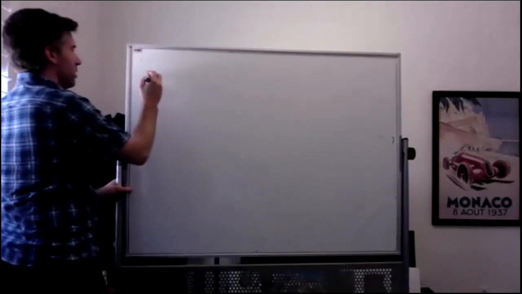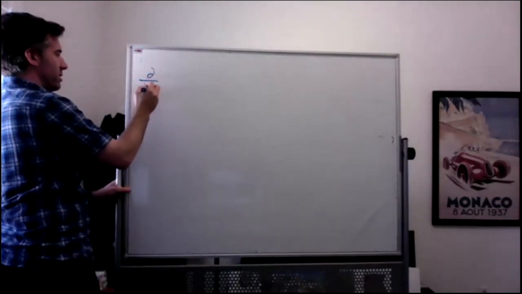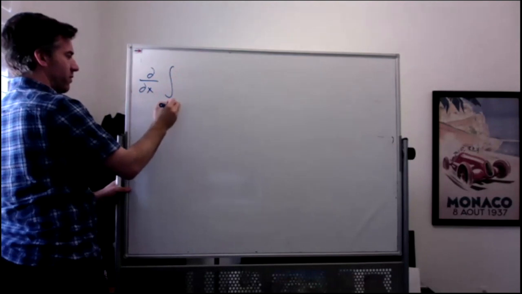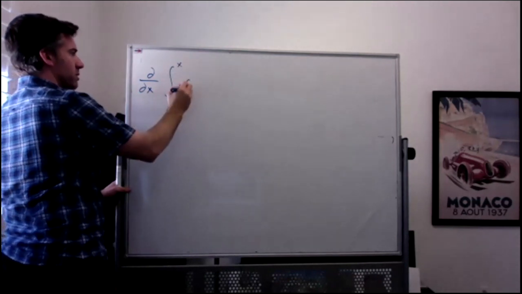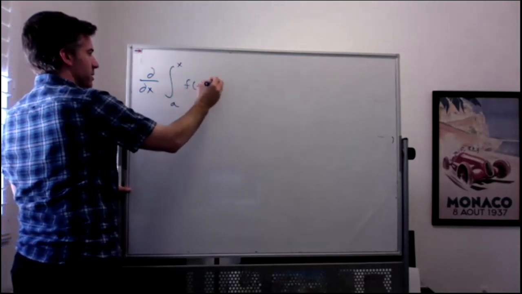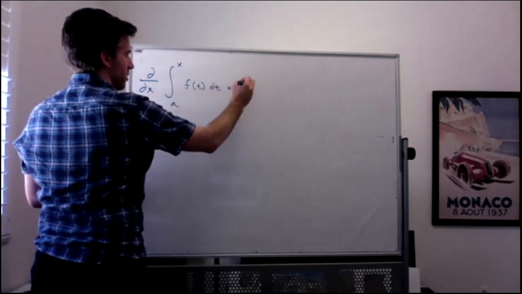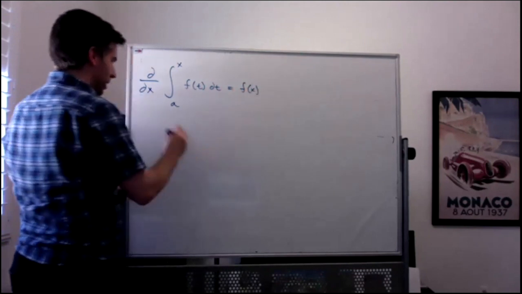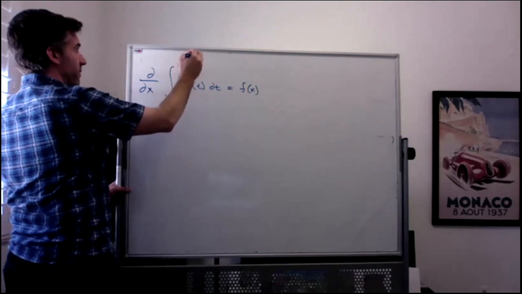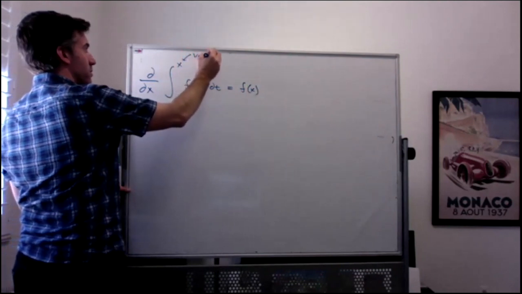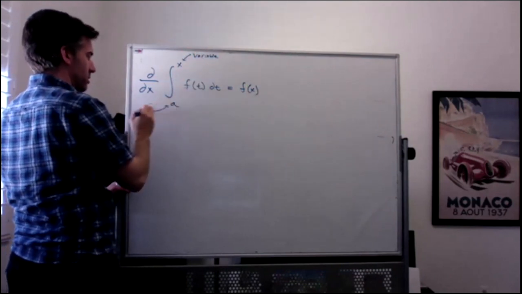So the usual way of writing this is the derivative of the integral from a to x of f of t dt is equal to f of x. Again, where x is a variable and a is a constant.